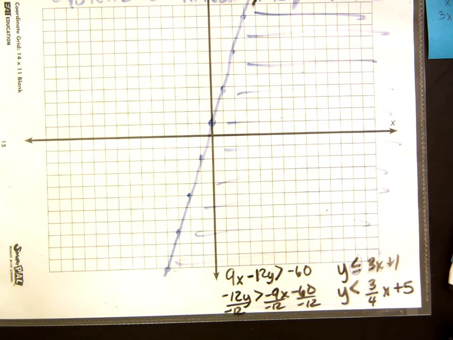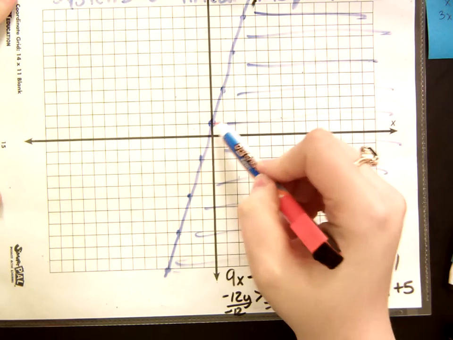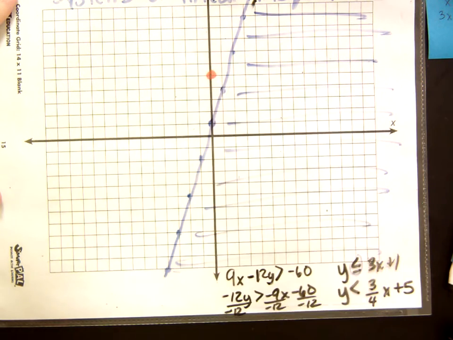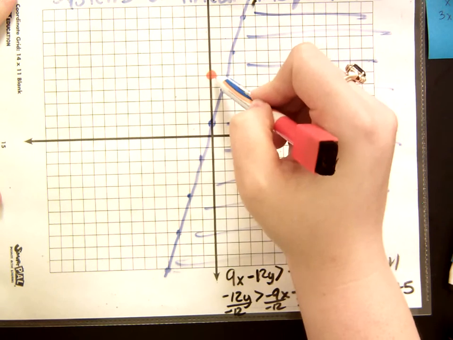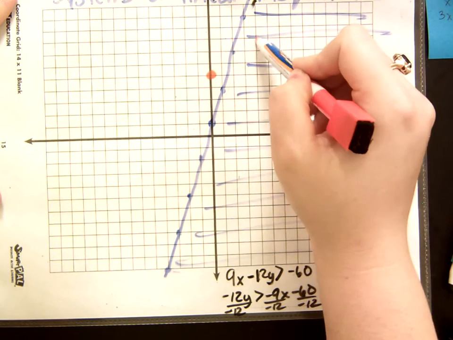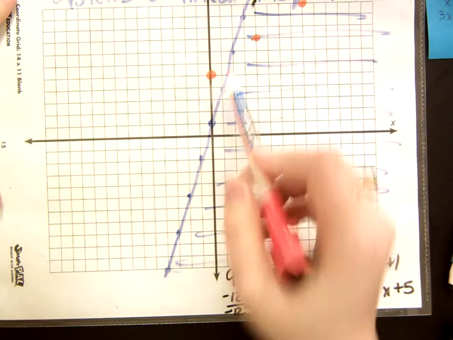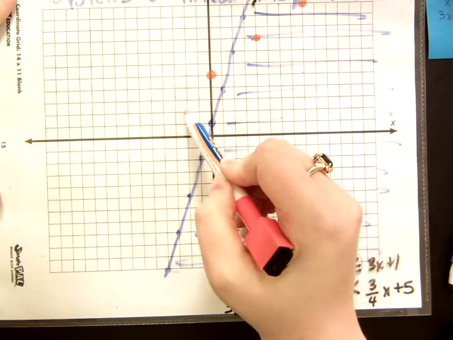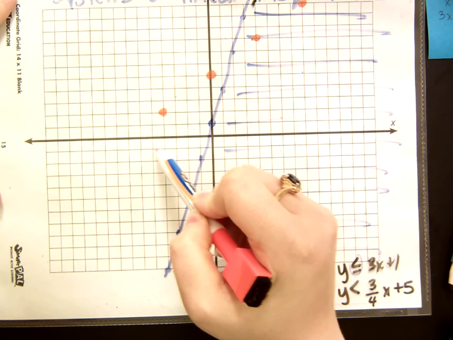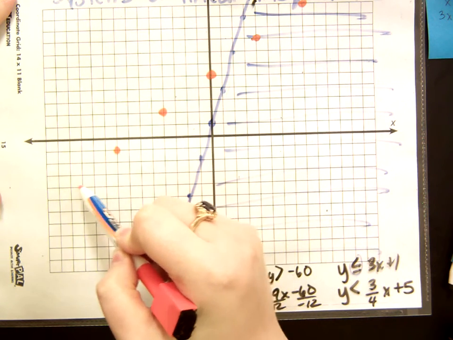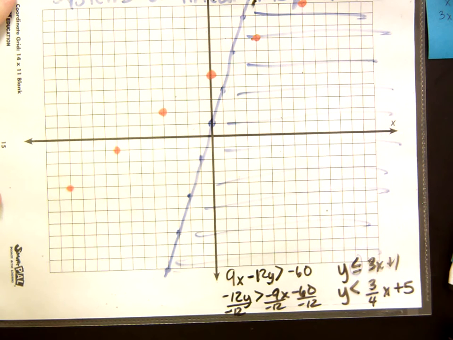Now, for the other one, it's 3/4 x plus 5. So I'm going to go up 5. 1, 2, 3, 4, 5. And 3/4 means I can go up 3 and over 4. Or I can go down 3 over 4. That works too. And again, I'm going to do multiple because I don't have a straight edge.